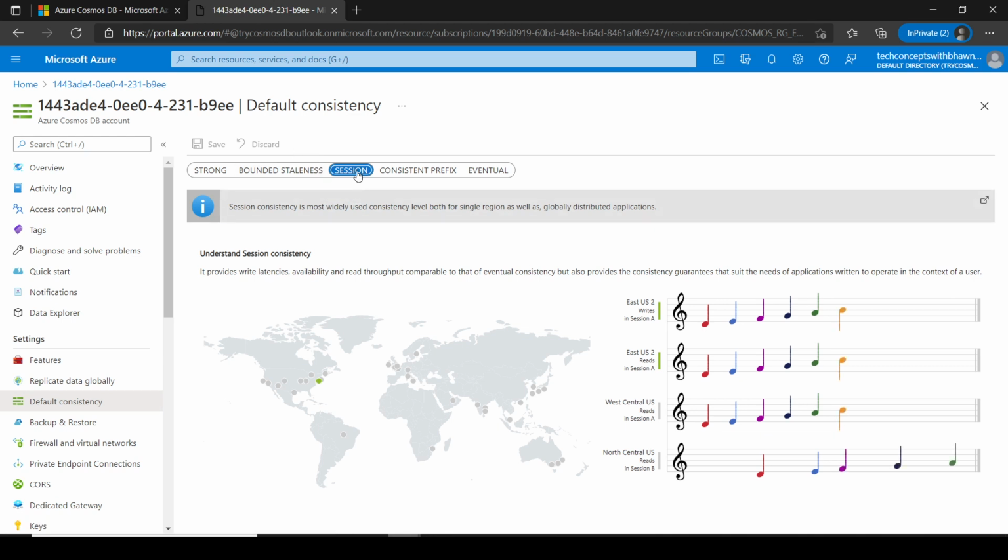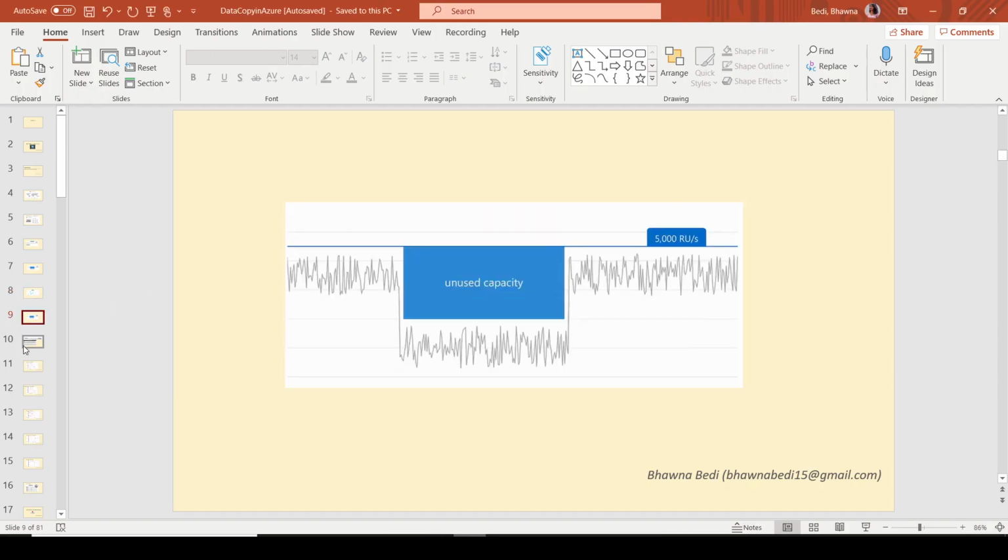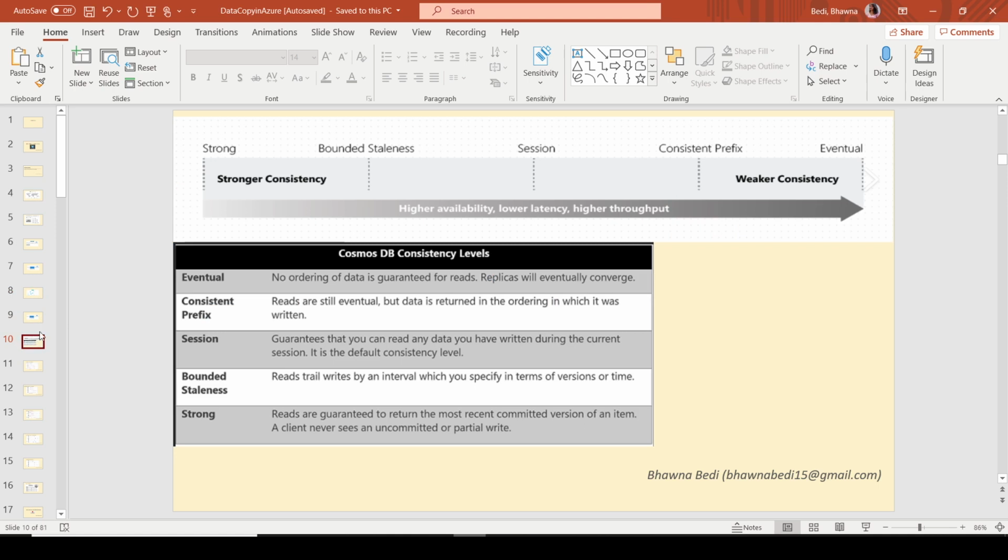Now when I talk about consistency, what does it exactly mean? So I'll go back to the PPT. There are basically five consistency levels. The first and the strongest one is the strong one, and the weakest one is the eventual one.